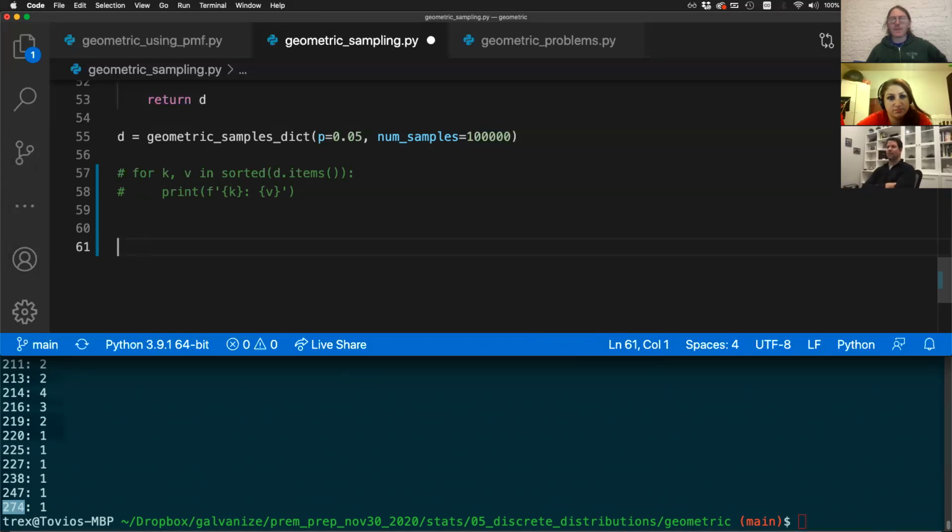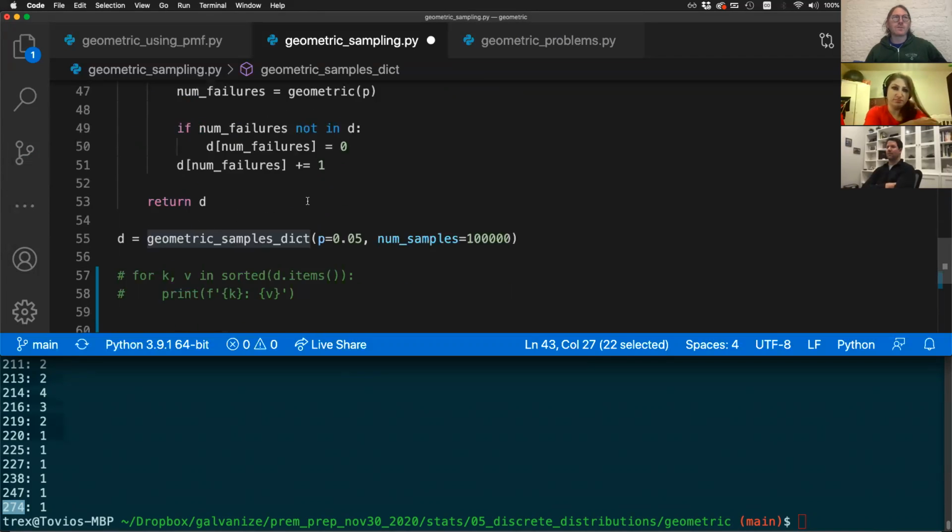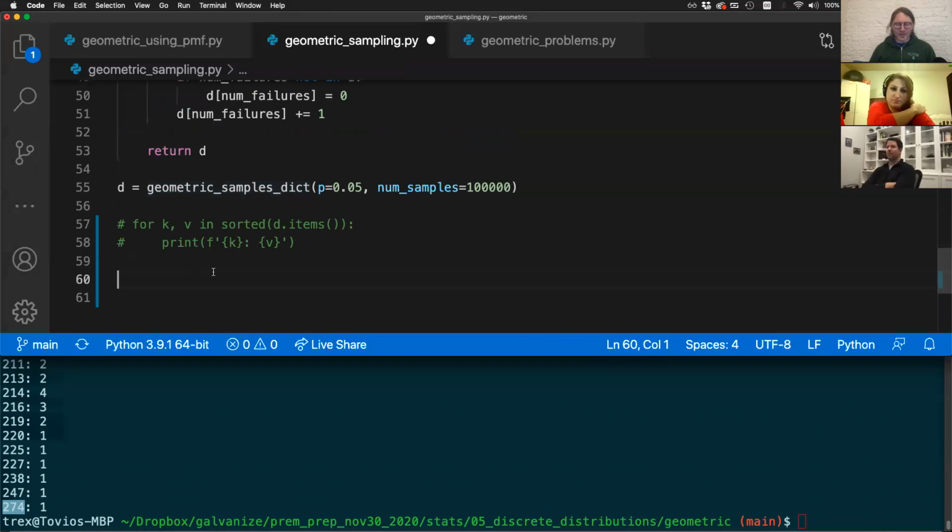I'm going to skip the step that we took with binomial, where we did multiple trials of the samples dictionary. I'll just indicate that we could do multiple trials of our sampling approach, and then we would fill in a lot of these numbers.